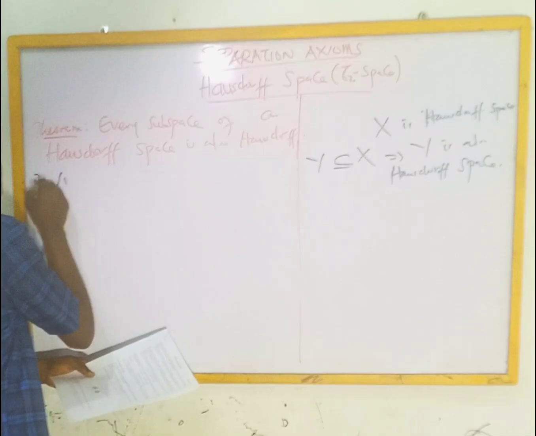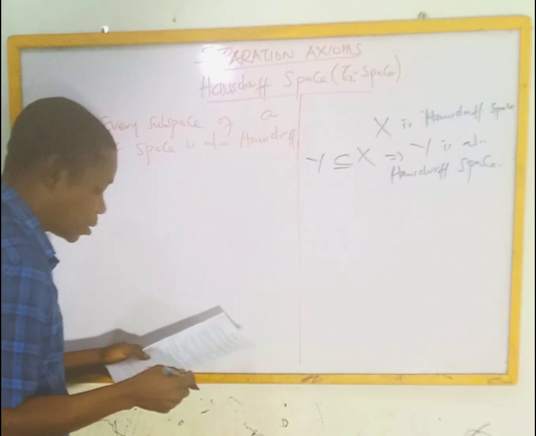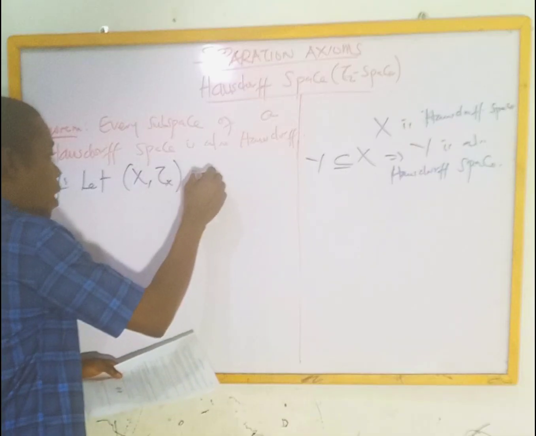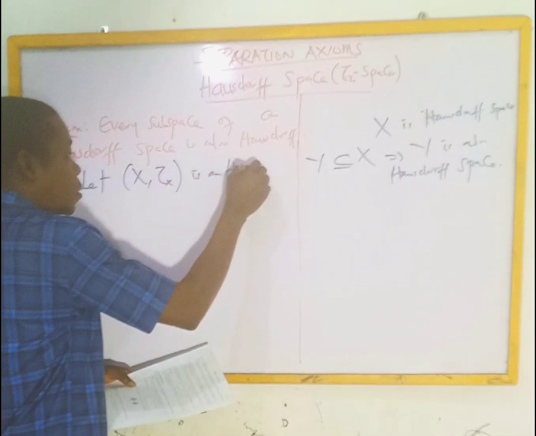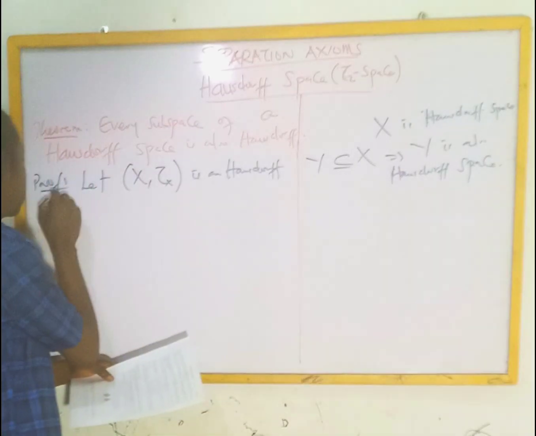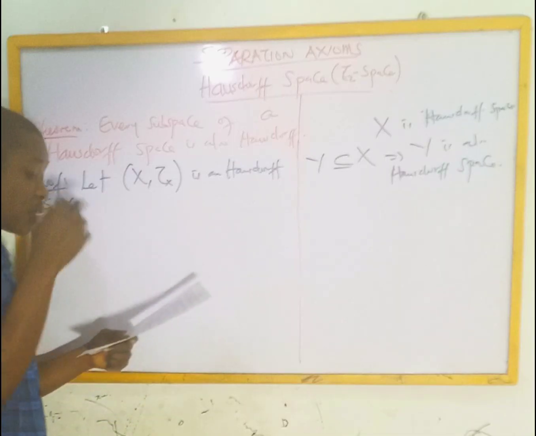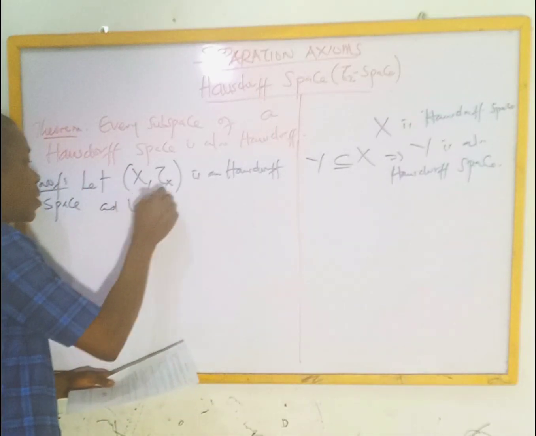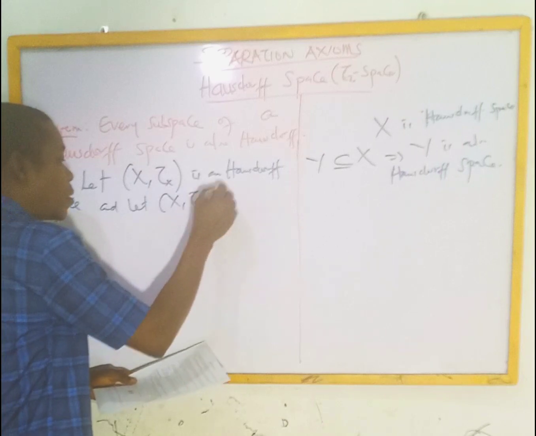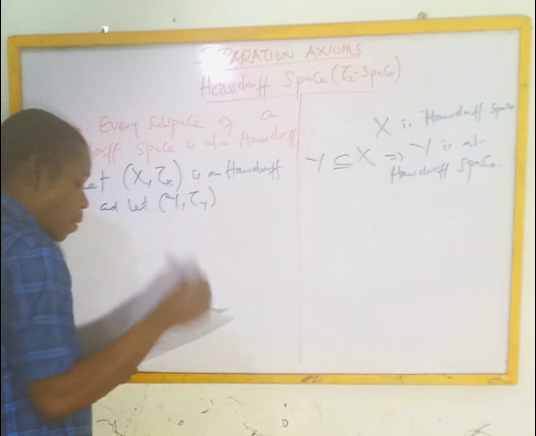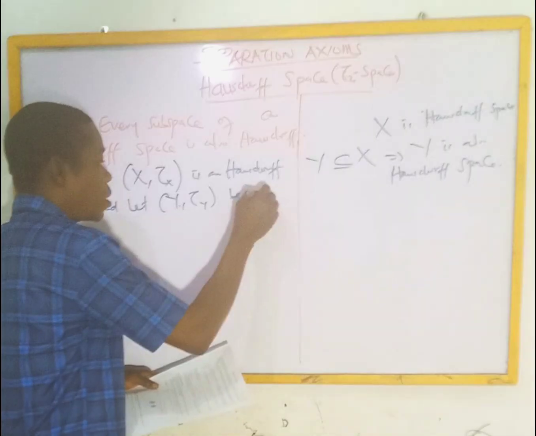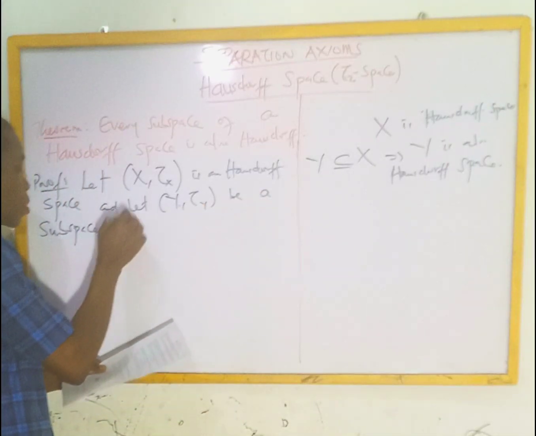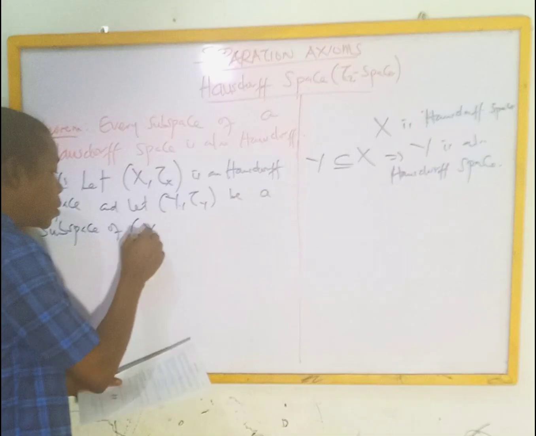Let's prove it. I say that let (X, τ) be a Hausdorff space. We all know the definition of a Hausdorff space. And let (Y, τ_Y) be a subspace of this one.